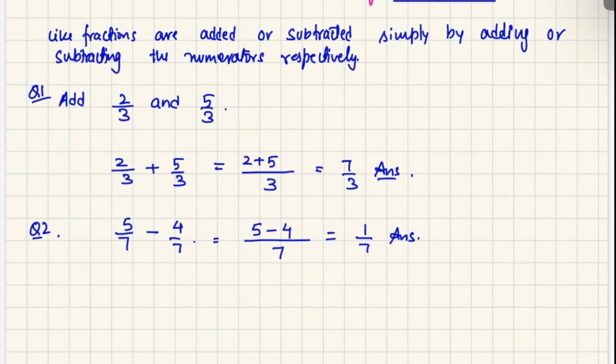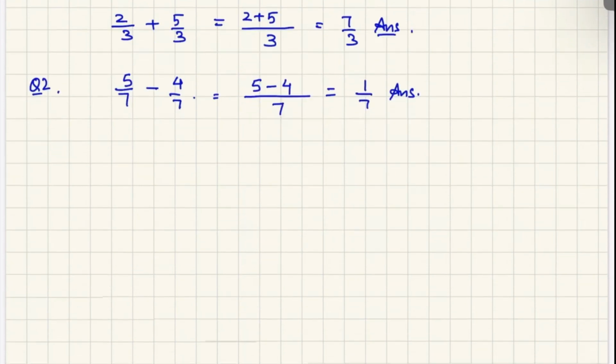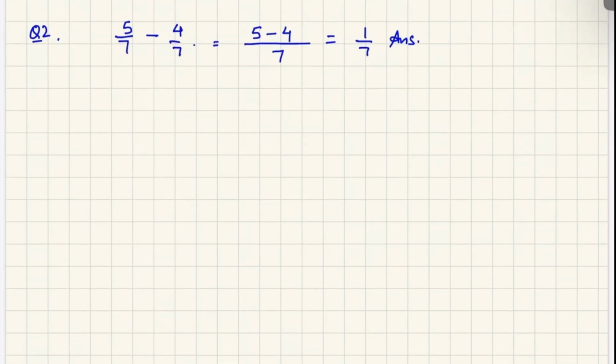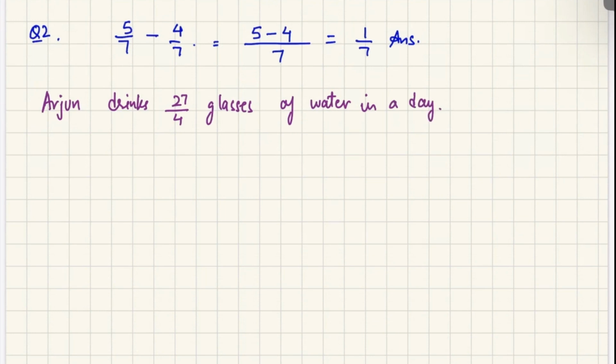So now I have a question. And the question says: Arjun is a fantastic boy. Arjun drinks 27 by 4 glasses of water in a day, whereas Amrita is a very good girl.